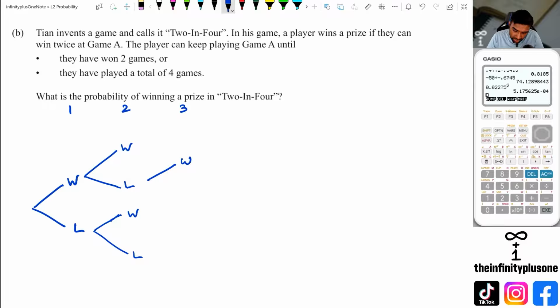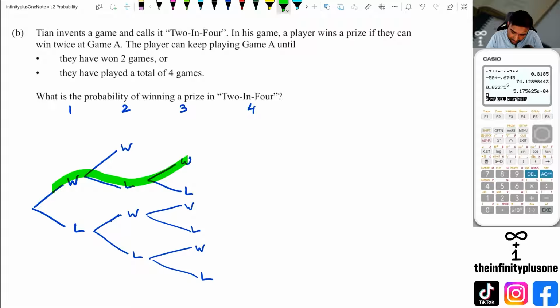So then this is going to be win-loss, win-loss, win-loss. So this is the third game. So we've got win-win, win-loss, win. So the fourth game, because I'm looking at this now, hang on. He's already won twice, so that branch is not going to continue anymore. From there, we're going to go win or loss.